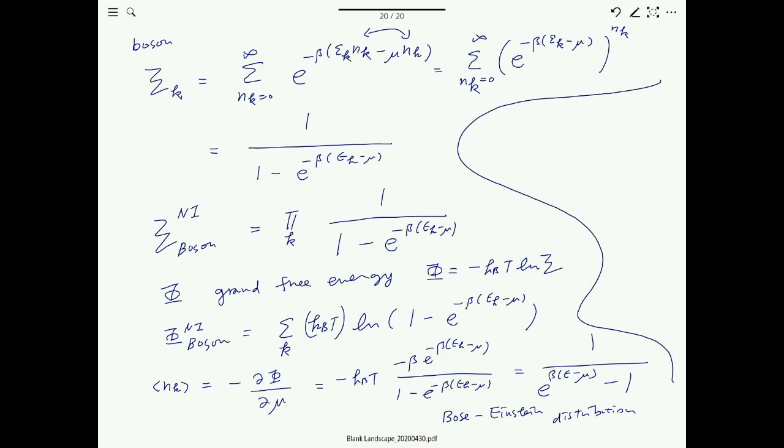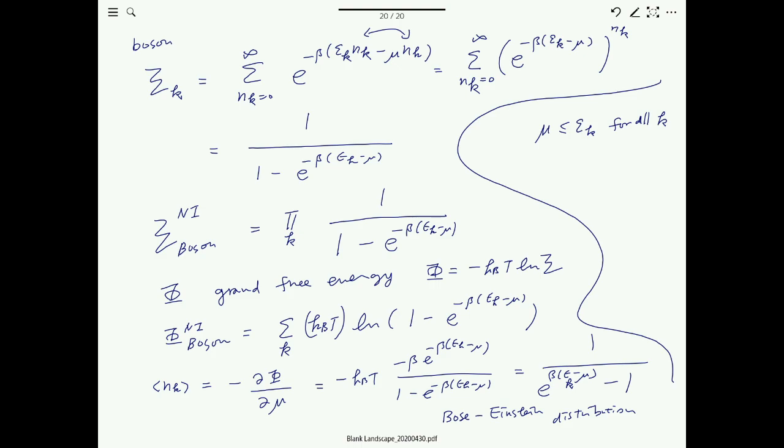In order for this to be meaningful, for mode k, the chemical potential should be smaller than all the energy levels. When the chemical potential approaches your lowest energy, then for the ground state ε − μ becomes 0, this becomes 1 minus 1, and this occupation number becomes 1 divided by 0, so that goes to infinity.